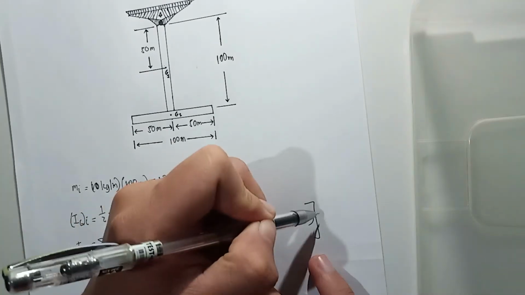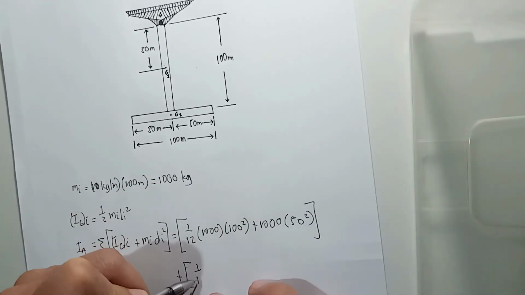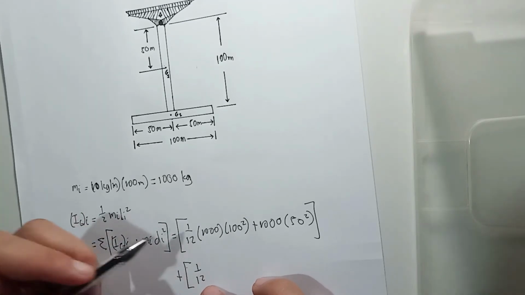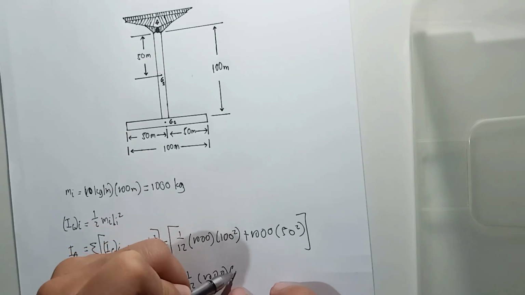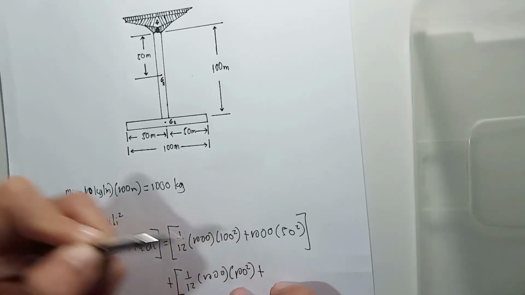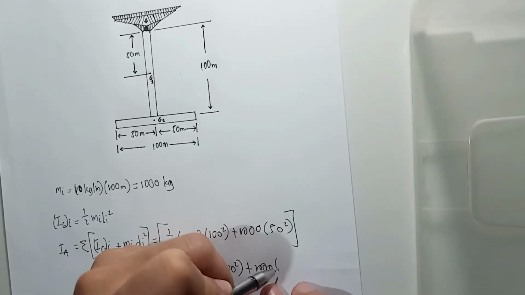So plus 1 over 12 times 1000 times 100 squared, plus 1000 times 100 squared.